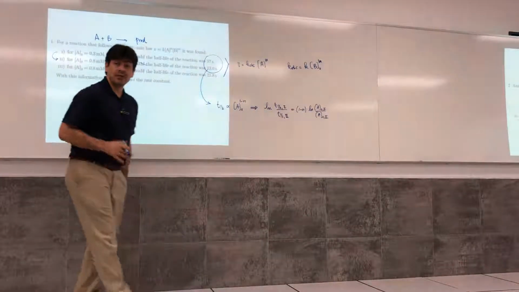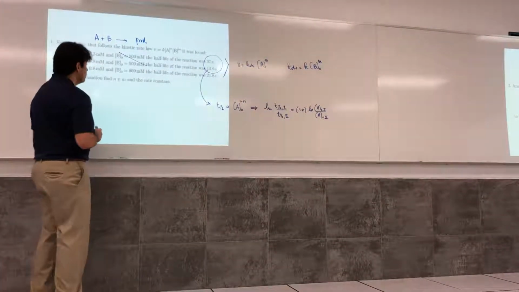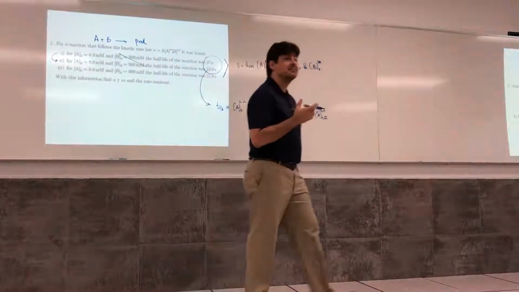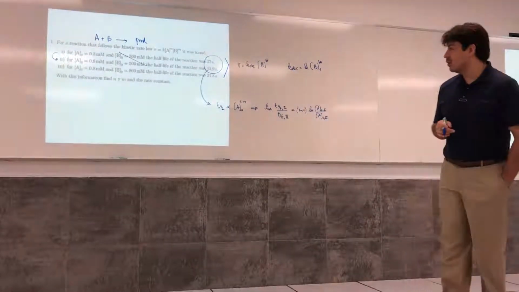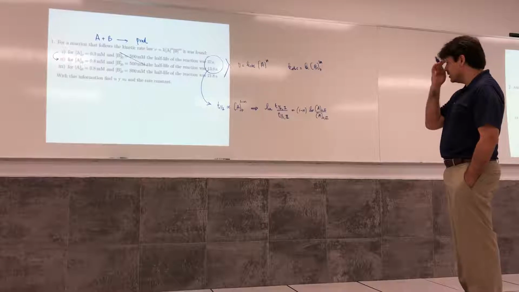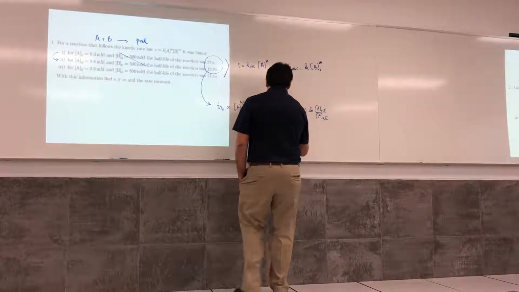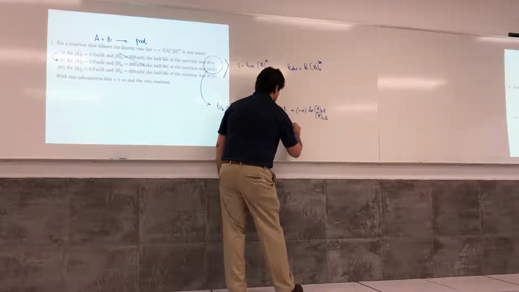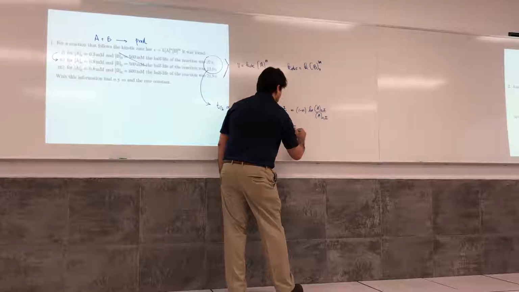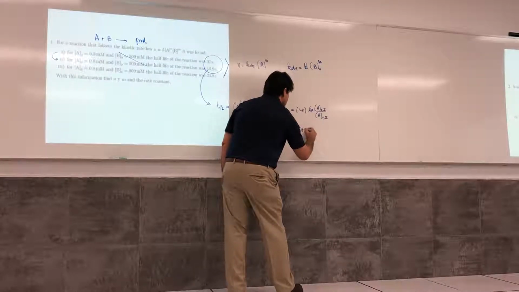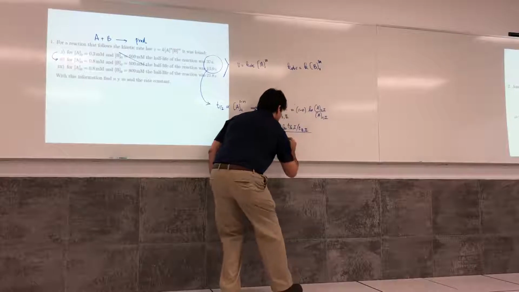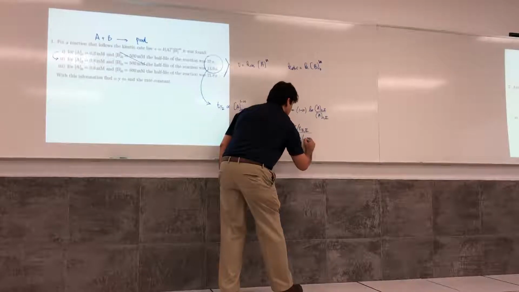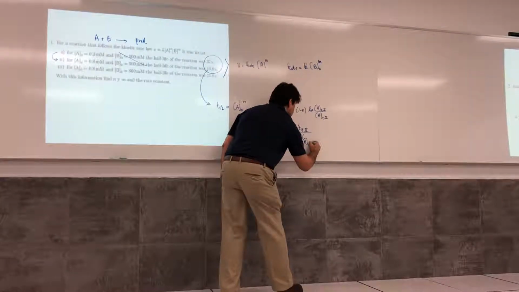Why can we do this? Because these concentrations are the same. So the K observed must be the same. Only under that condition can we do this. Therefore, 1 minus N should be the natural logarithm of the ratio between these two half-life times over the natural logarithm of the ratio of concentrations of A for experiments 1 and 2.